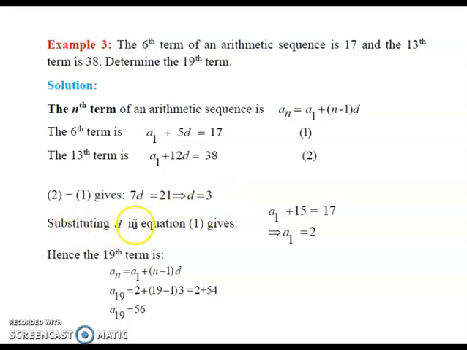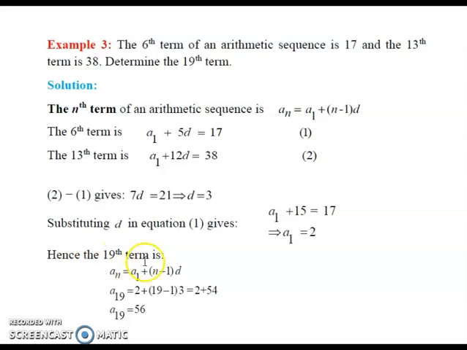Substituting the d value in equation 1, we get the first term. a1 plus 5 multiplied by 3, 15, equals 17. So a1 equals 17 minus 15, that is 2. This is the first term of the given arithmetic sequence and the common difference is 3.